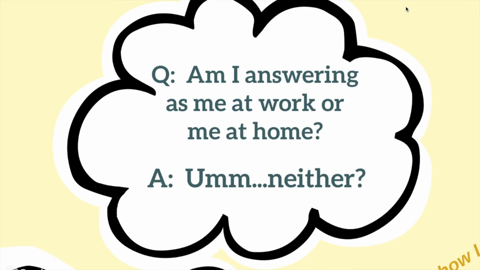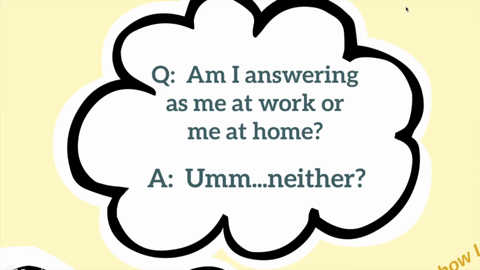A lot of times people ask me, should I be answering this as me at work or me at home? My answer is kind of neither. What you should do is basically remove all expectations that others have of you or that you have of yourself in the different roles that you play. So remove that boss hat, remove the employee hat, remove the parent hat, the sibling hat, the child hat. Take all of those hats off.